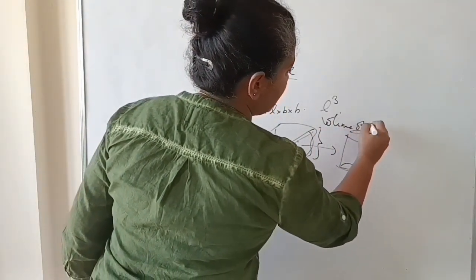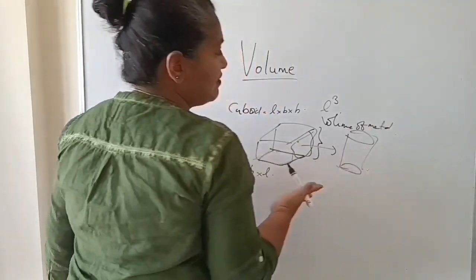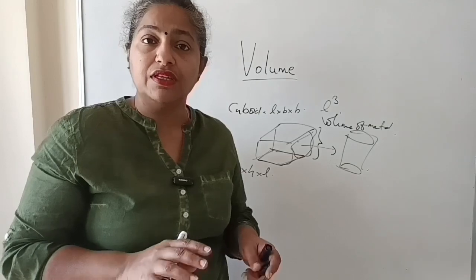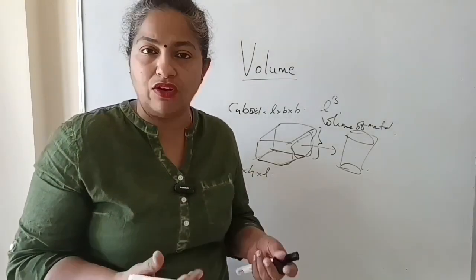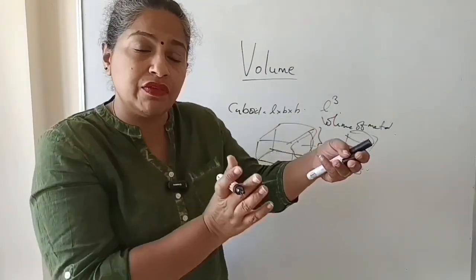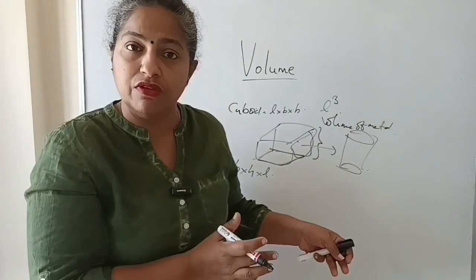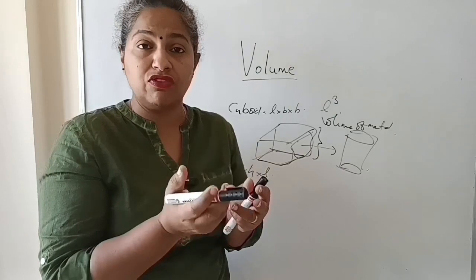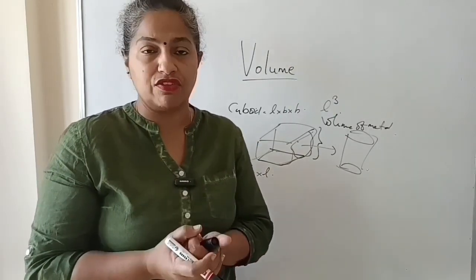The volume of the metal in the cuboid when it is converted into the shape of a cylinder will not change. The area will change, but the volume will not change unless they specifically mention in the question that this much of volume is lost. So this is one point that you need to keep in mind whenever you are getting a question in which one shape is converted into another shape.